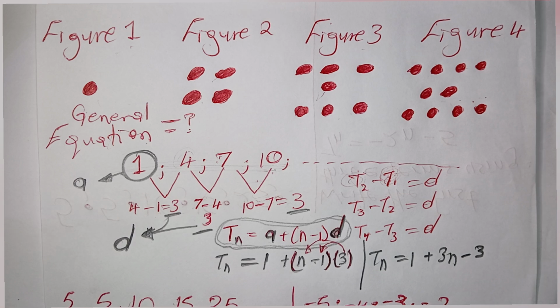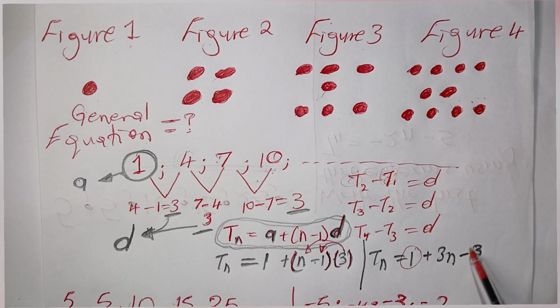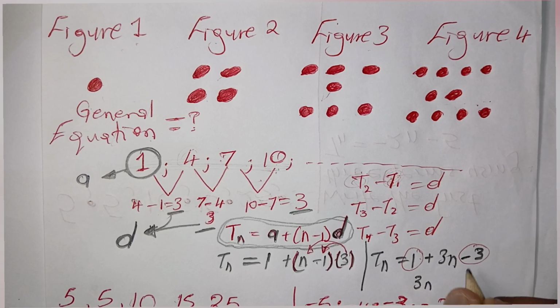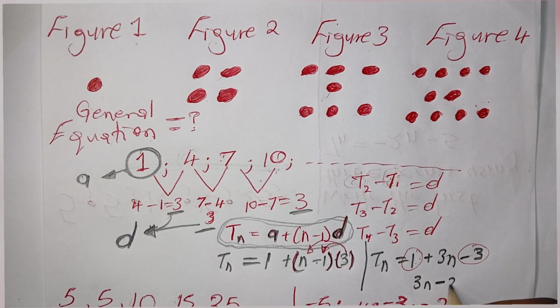Now you can collect a number to a number. When you press them on the calculator, you will get minus 2.